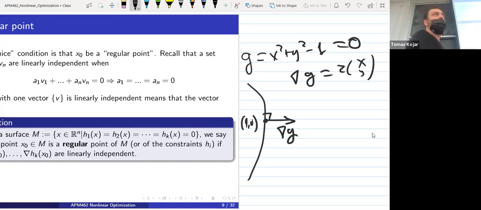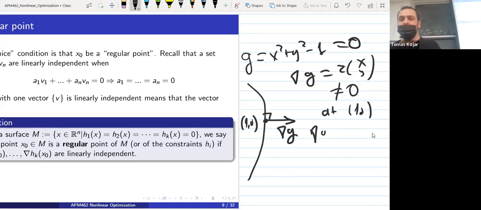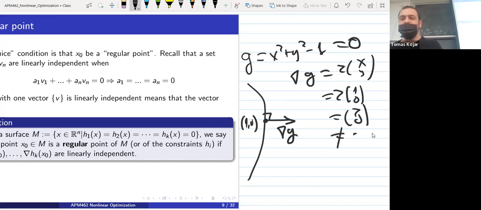And it's not the 0 vector at (1, 0). Let me plug it in: it's 2 times (1, 0), so it's (2, 0), which is not the 0 vector. So it is linearly independent.